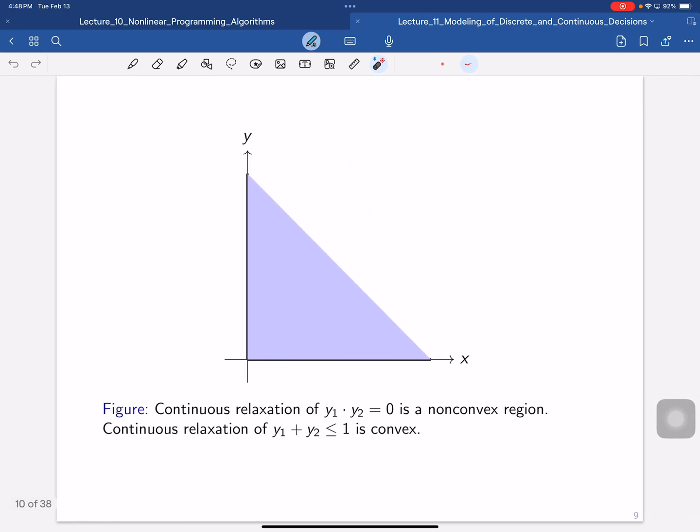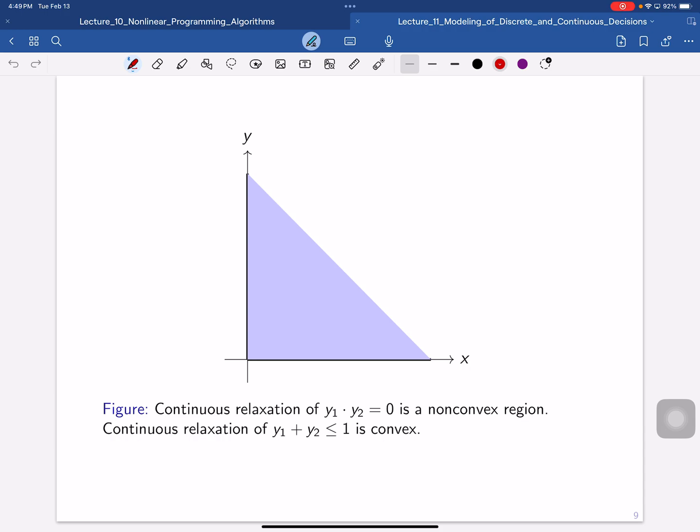So why do we want to write it as a linear constraint? The main reason is that if you look at the continuous relaxation. Continuous relaxation means you remove the binary constraint, and you let the y variable be a continuous value between 0 and 1.